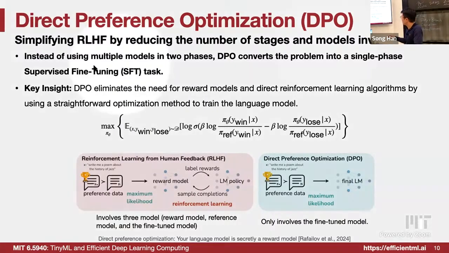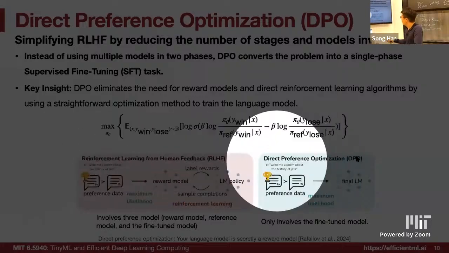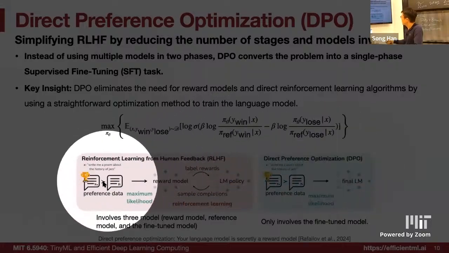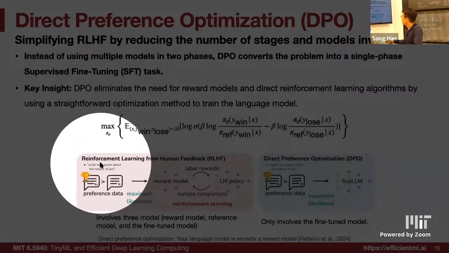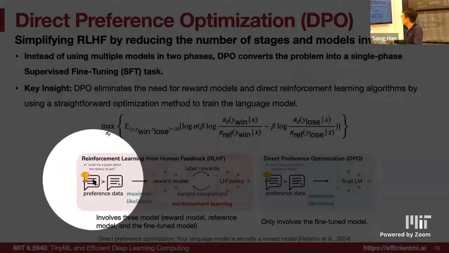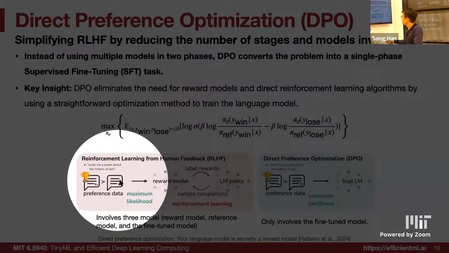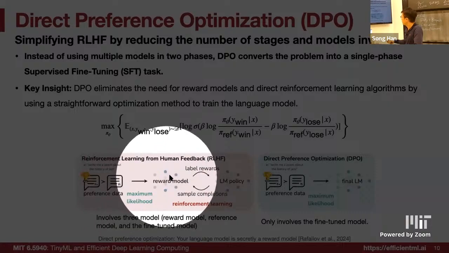For example, here, this is the previous approach, RLHF, and this is the new approach, DPO. In RLHF, given this preference data, given the same input, write me a poem about the history of jazz, the second answer might be better. We use that to train a reward model.